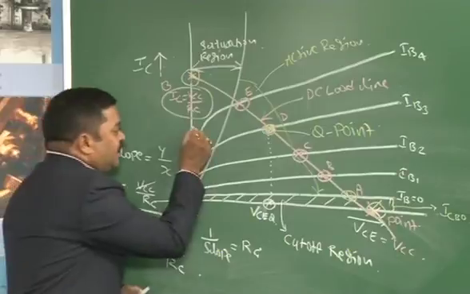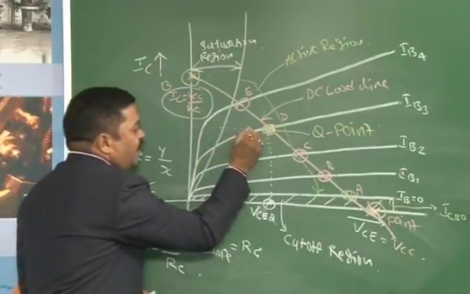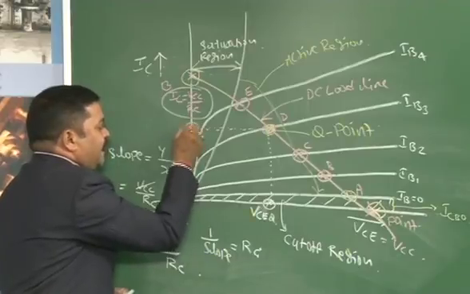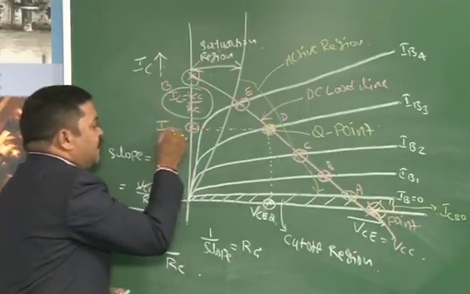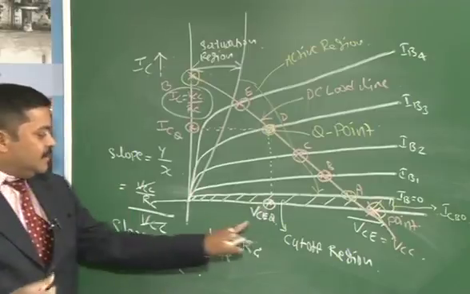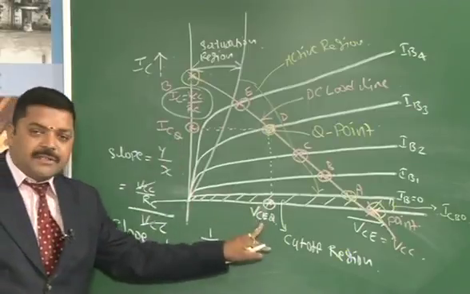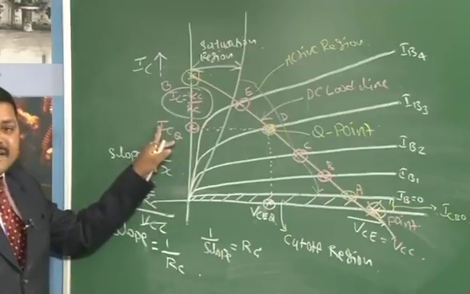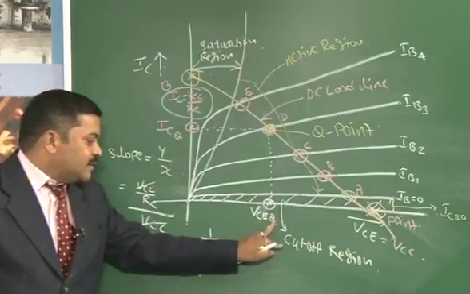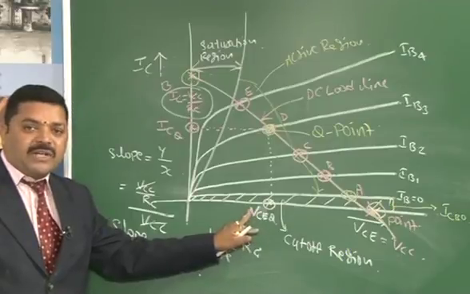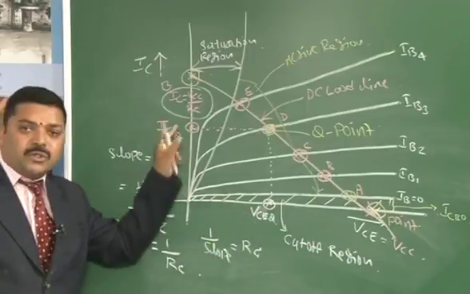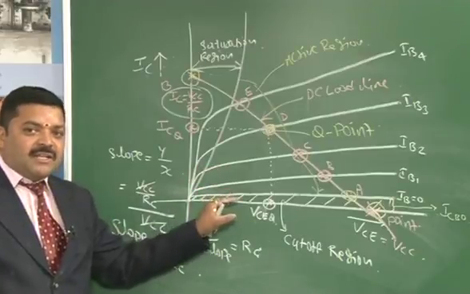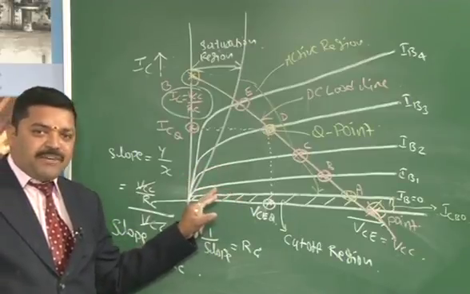Then when we extend this Q point horizontally to touch the IC axis, at this point we get the current called ICQ. So, what are these ICQ and VCEQ? ICQ is the quiescent collector current and VCEQ is the quiescent collector to emitter voltage. These two values should be maintained during the passage of the weak signal in the amplifier, then only we get the faithful amplification.